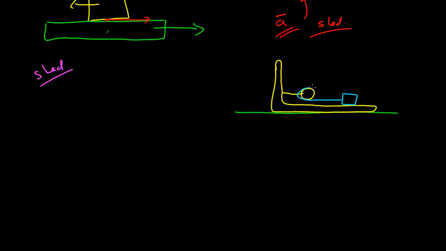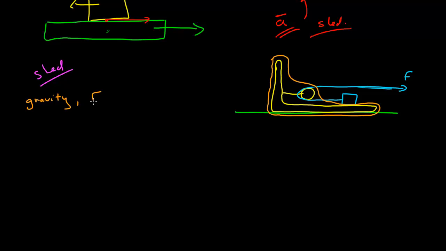Okay, so this comes around here, and this is pulling with some force. All right, so let's look at the sled. So the sled is here. This block, everything in yellow. Okay, so what are the forces on the sled? Okay, there's gravity. Fine. We'll call that F sub g. There's the normal force of the ground.